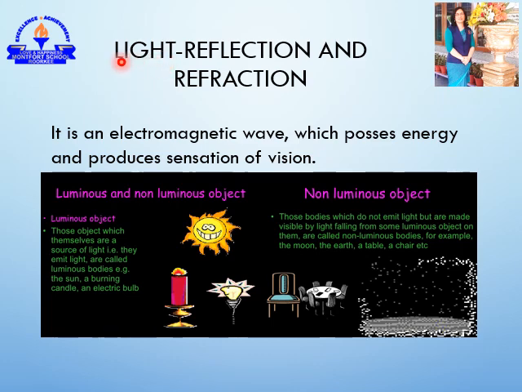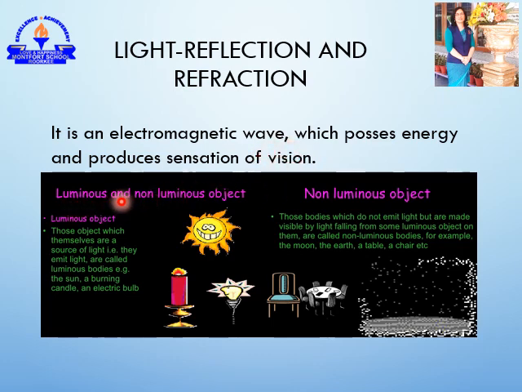So you can see the things with the help of light. So what is light? Light is an electromagnetic wave which possesses energy, and it produces sensation of vision. Hence, with the help of light, you can see the things around you.